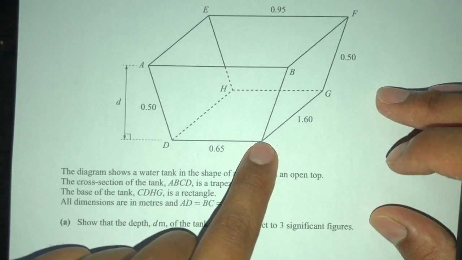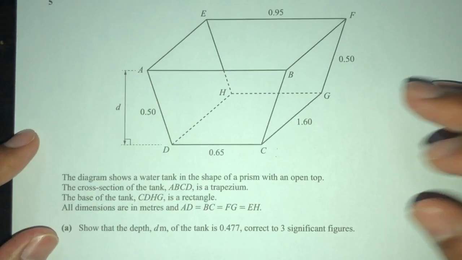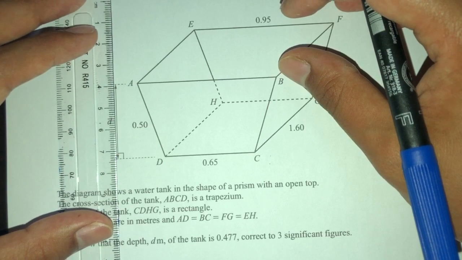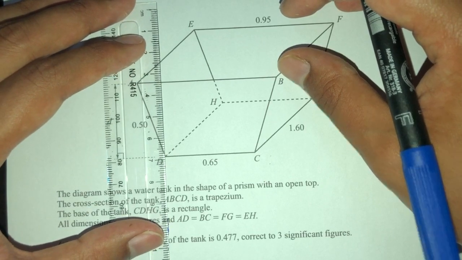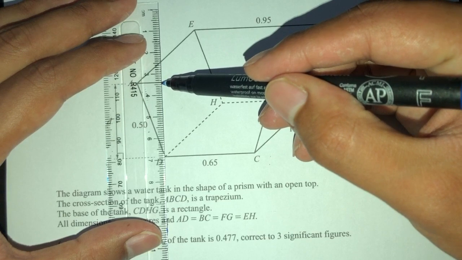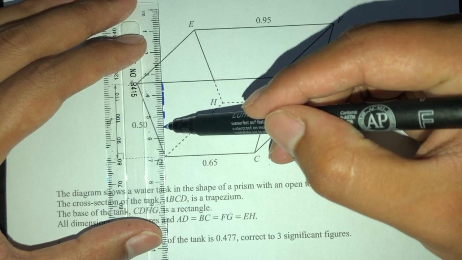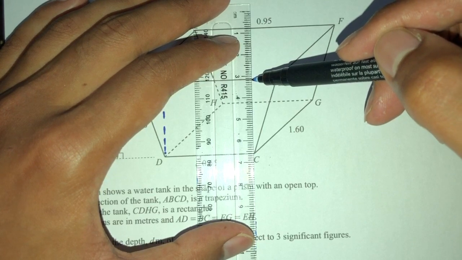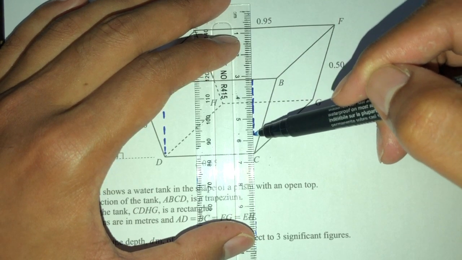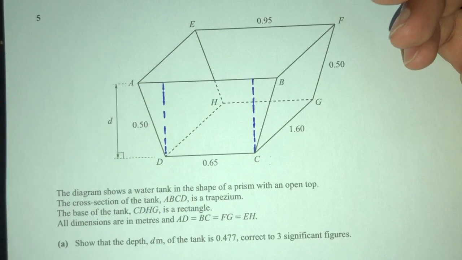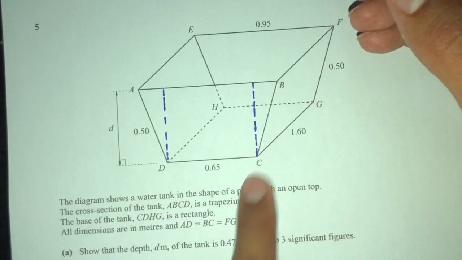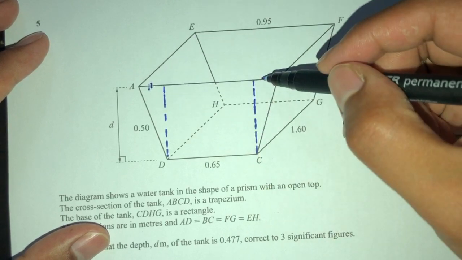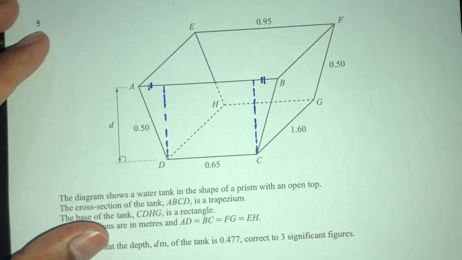So if this and this are equal, that would also explain that if you were to take this depth right here, for example, this is the same thing as this, right? And this is the same thing as this. Makes sense. This is the depth, d, or the perpendicular height of the trapezium. Now because this and this are the same, we can agree that this and this have to be the same as well.